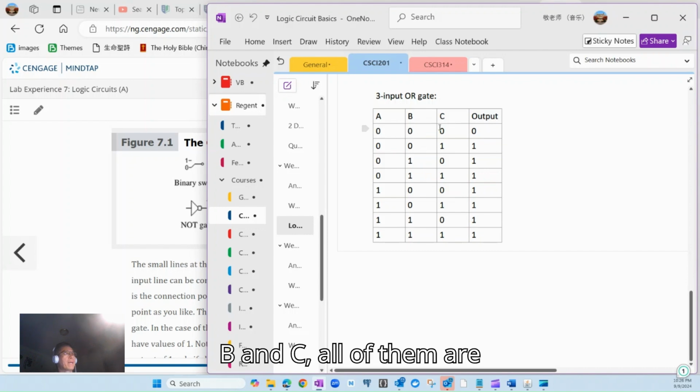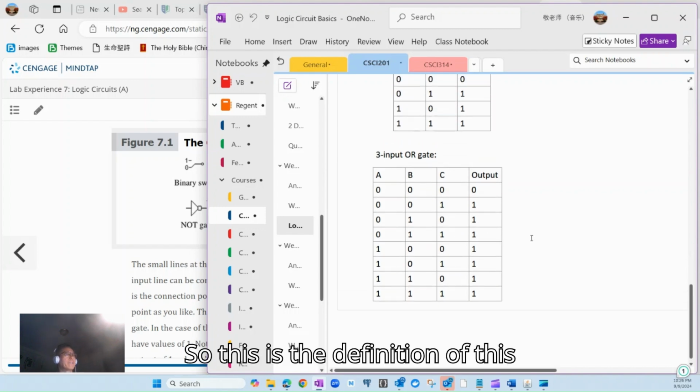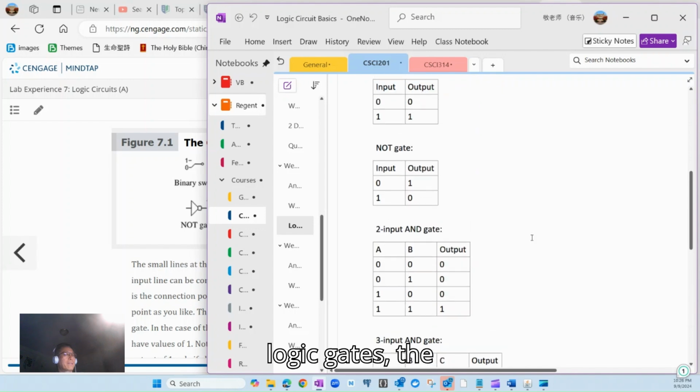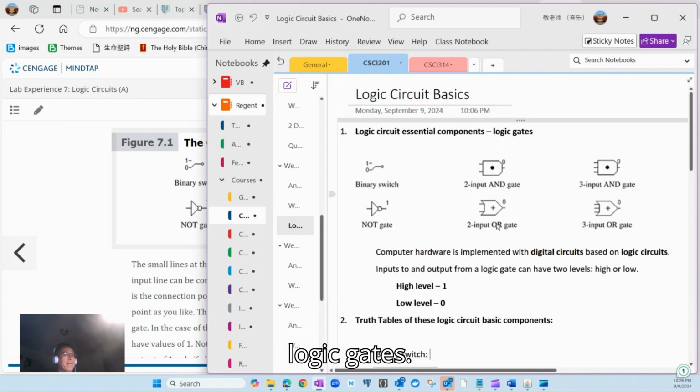When A, B and C, all of them are 0, the output is 0. When any one of them, or 2 of them, or all of them are 1, the output will be 1. Okay, so this is the definition of these logic gates.